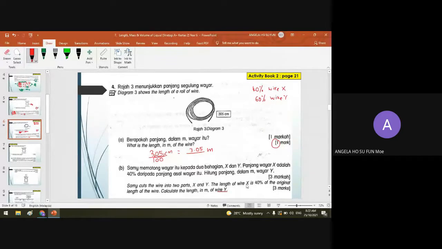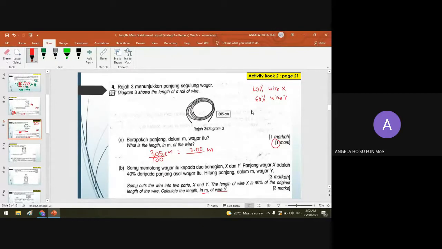All right, so what I can do, maybe here is not enough space, I do it here. If I were you, they want the answer in meter. You have already converted this into meter.